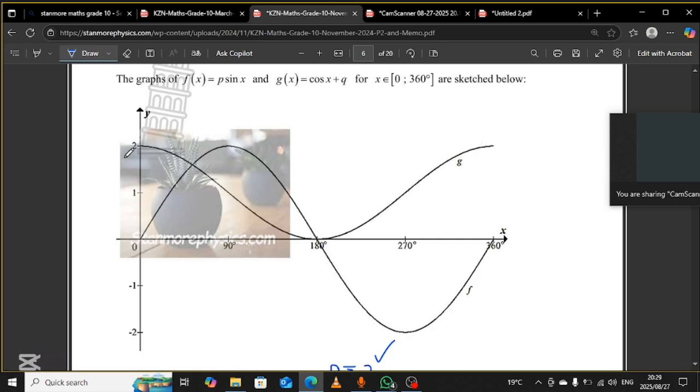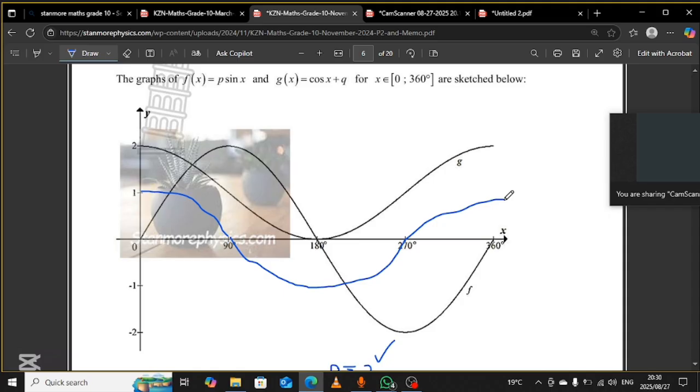So now what happened to this cosine graph? Remember, the mother graph has to go from here to here, then go here again, and then come back, go here, and then turn that way. So this is the mother graph of the cosine graph. What happened to this graph?